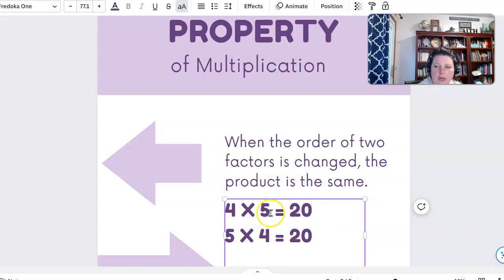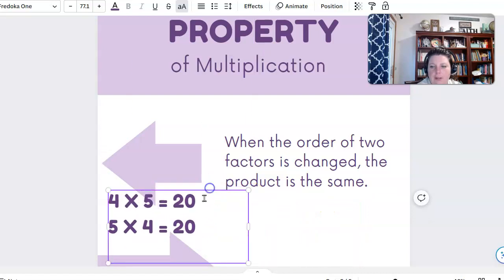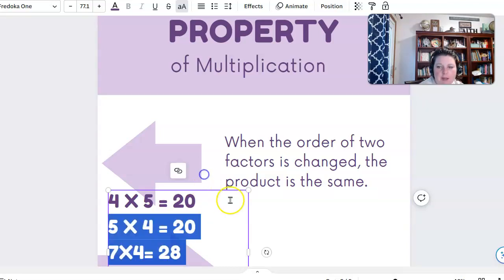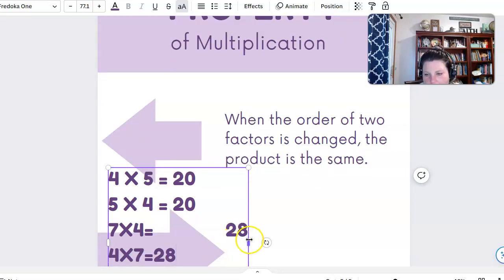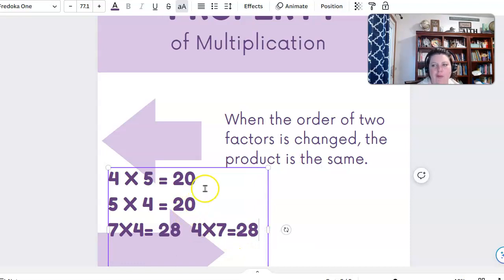I could also try another multiplication fact, such as 7 times 4 equals 28. Then if I flipped the numbers to 4 times 7, that also equals 28. So it doesn't matter which order you multiply them in, you're still going to get the same exact answer.